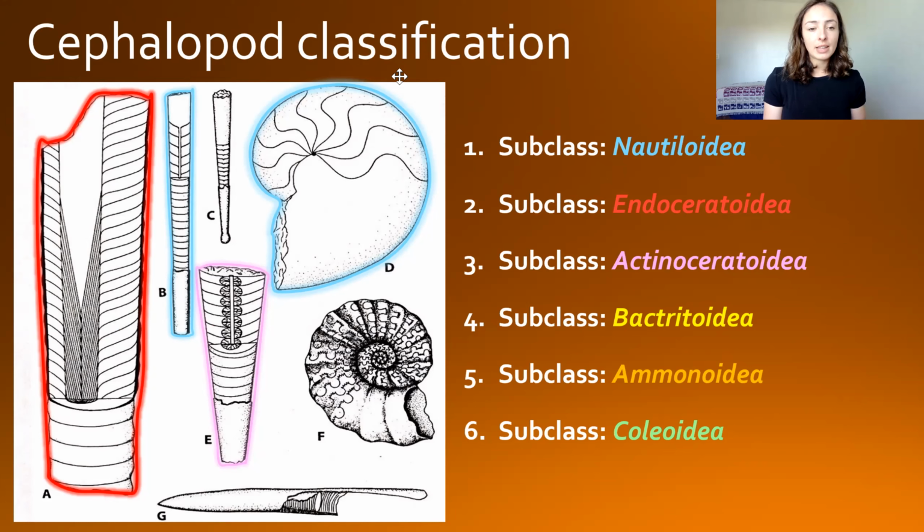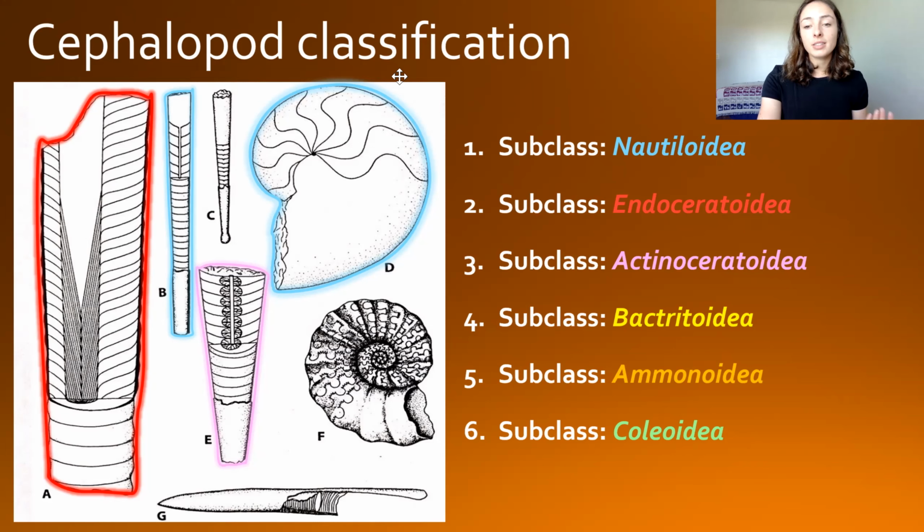However, they're different in that they have different cameral and siphuncular deposits. So basically, cephalopods can have calcareous deposits within their camerae, or chambers, and they can also have calcareous deposits within their siphuncle, and these are called cameral deposits and endosiphuncular deposits respectively. And we can see that the morphology of cameral and siphuncular deposits shown here on the endoceratoids and actinoceratoids are different, and that's how they can be told apart.